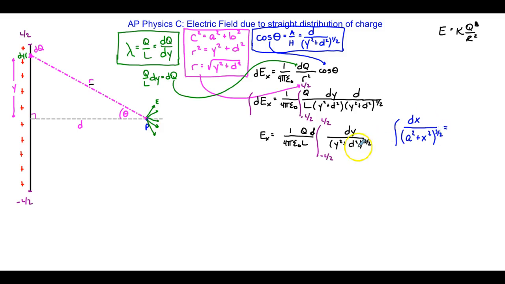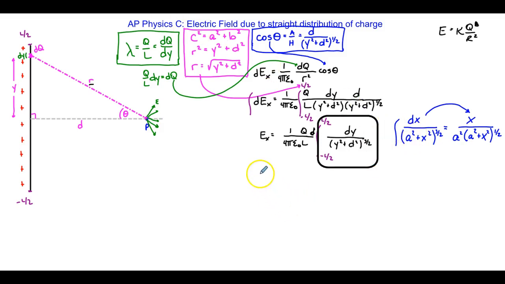When you integrate that, you get x over a squared times a squared plus x squared to the 1/2. This is something that most people are not going to know how to get from here to here, what I've written in blue. And so that is something you will simply have to commit to memory. And our goal then will be to integrate all of this stuff right here, paying attention to what I've just written in blue. So this is really the tough part of this problem.